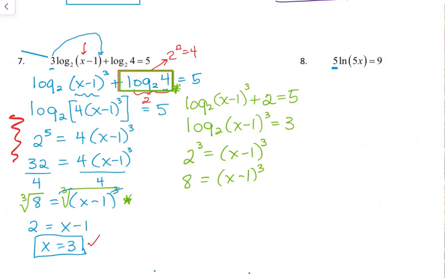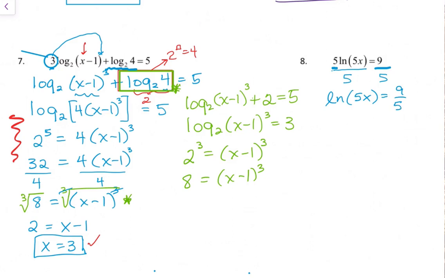Over here, I couldn't divide by 3 because you had other terms on that side of the equation. But in this one, you've got 5 times that log equals 9. So the easier route, for me anyway, would be to go ahead and get rid of that coefficient by just dividing it from both sides. And that's going to leave me the natural log of 5x equals 9/5.